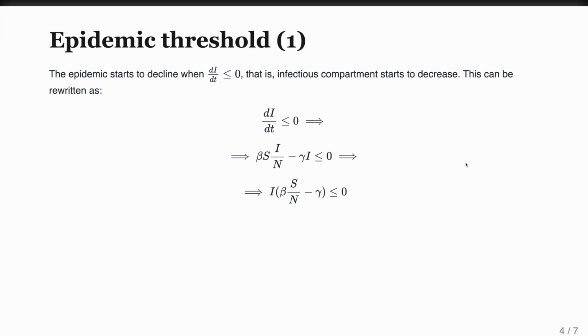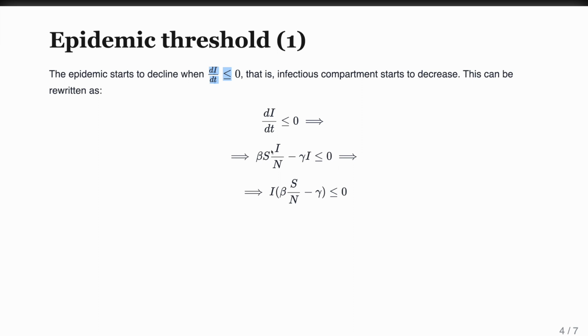From the reproductive numbers, we can also derive something called the epidemic threshold, which is also very important for infection control. The epidemic threshold is the state of the system, of the epidemic, in which the number of cases starts to decrease. That is, reminding the SIR model, the moment in which dI over dt is lower than or equal to zero.